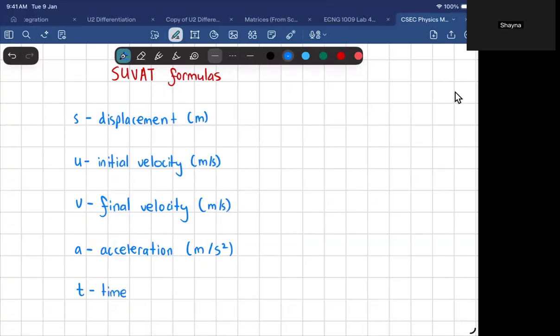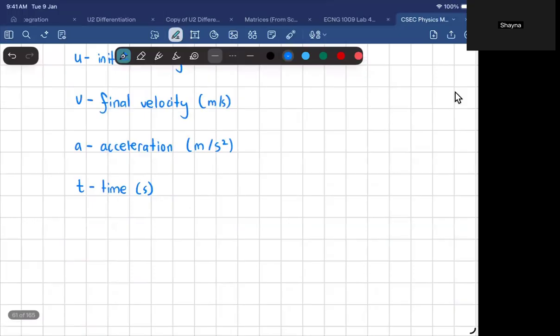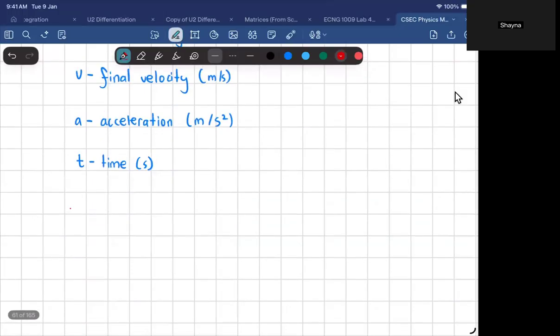All right. Let's go through the formulas quickly. First one: V is equal to U plus AT. Remember this one? Yes, sir. Now, when do we use this?